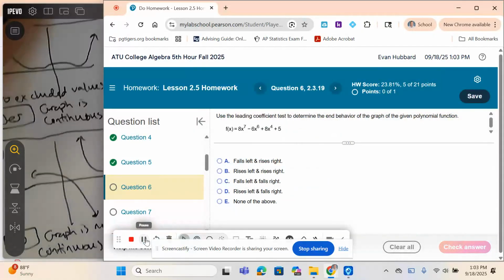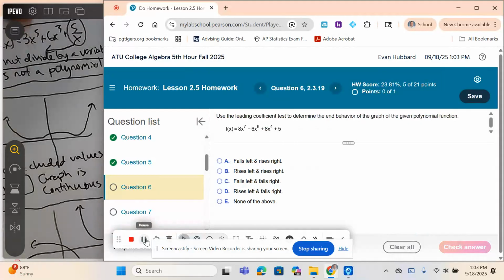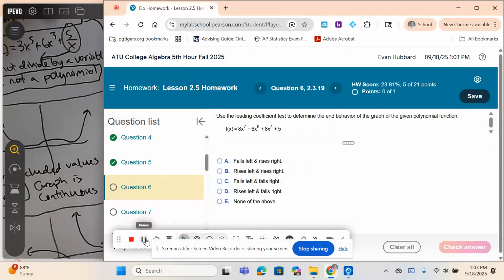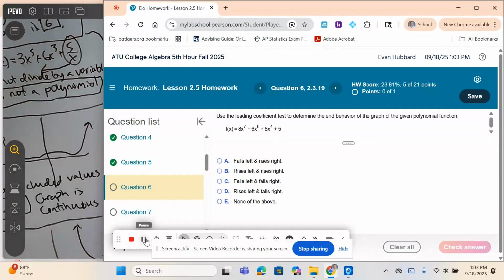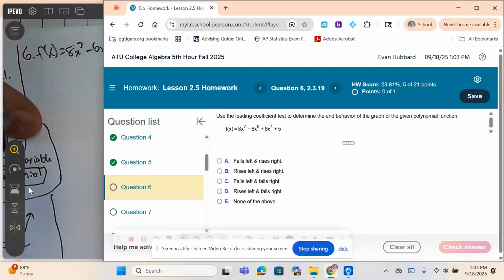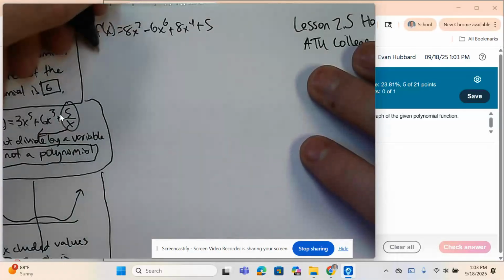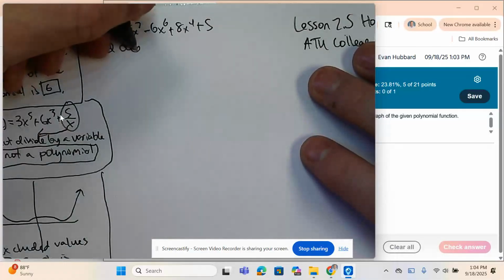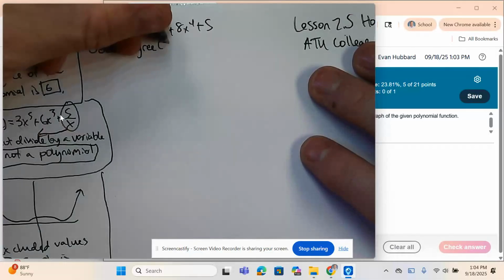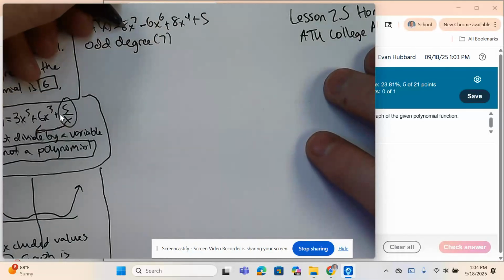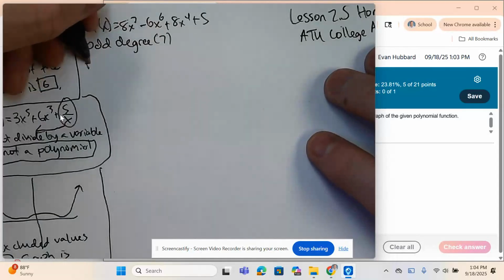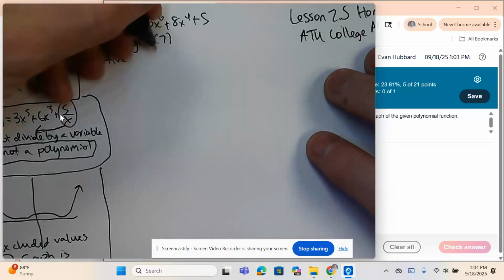So question 6, we're going to use the leading coefficient test to determine the end behavior here. 8x to the 7th minus 6x to the 6th plus 8x to the fourth plus 5. So we're going to look at the degree here. This is an odd degree, 7, and the leading coefficient is 8, so it's positive.